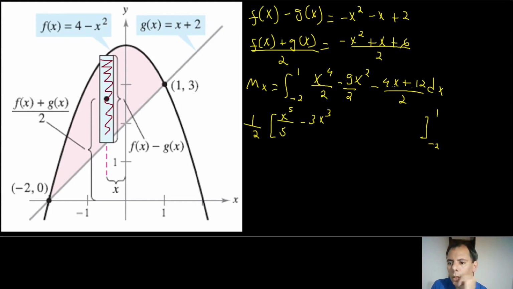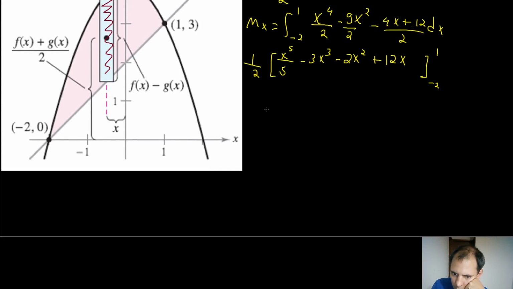Here you have a minus 2x squared, plus 12x. All right, so I have to take the minimum common denominator. It'll be half times this from -2 to 1, or maybe not. Maybe not.